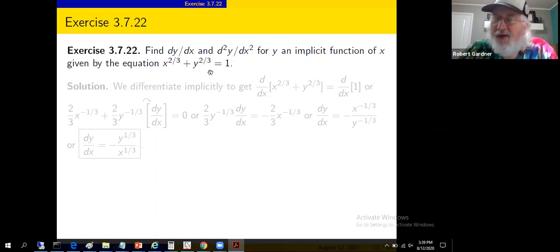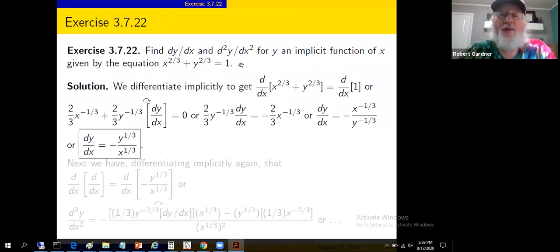There's some other stuff there too, but I don't think this determines a single function. y is a function of x, so we're forced to differentiate implicitly, differentiating both sides of the equation with respect to x. Derivative of x to the 2/3 with respect to x is 2/3 x to the negative 1/3. If you want to put a dx there, I can't argue against it. It's not pretty, it's not what the rest of the world does, but it's not wrong. And it is a consistent way to treat the variables.